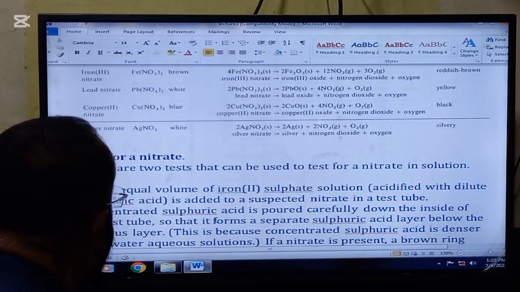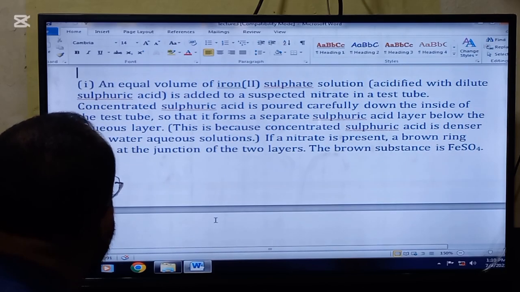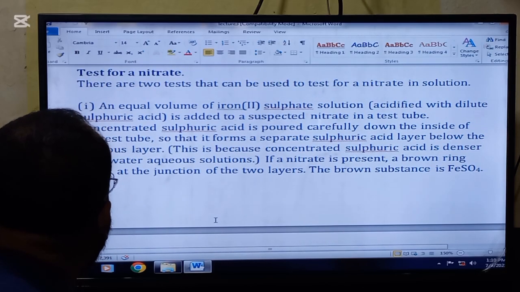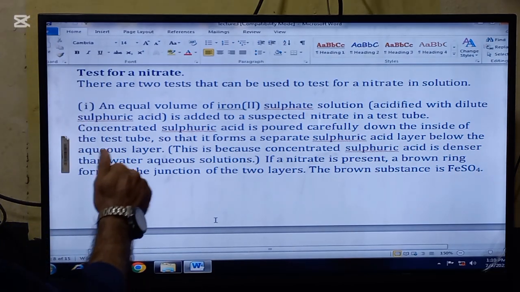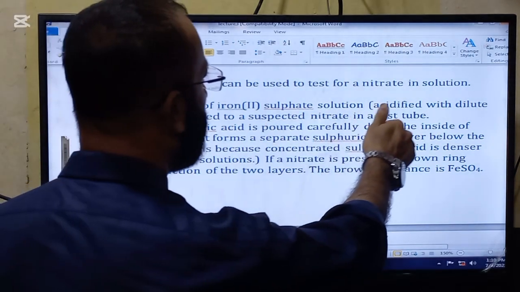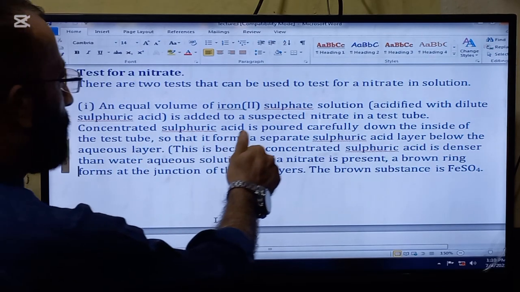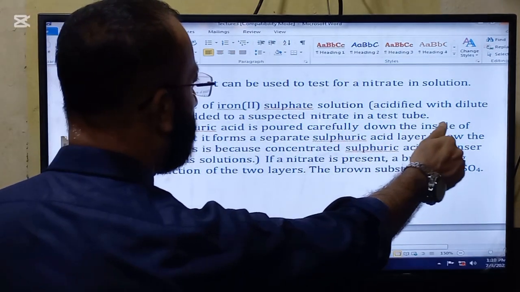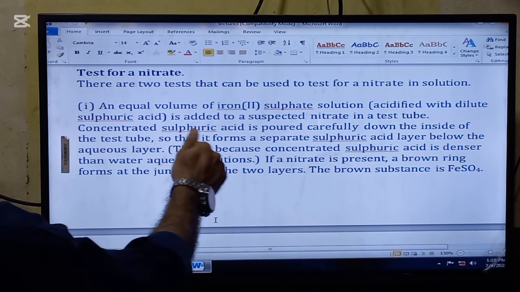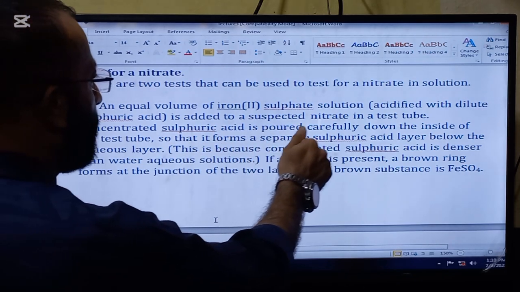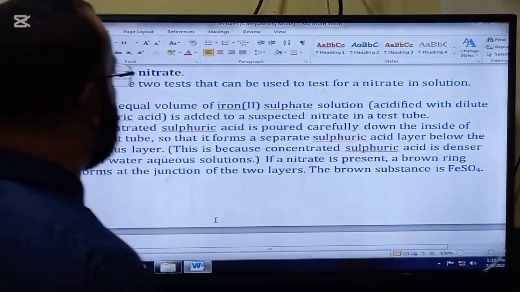Next, we are going to read the test for nitrate. There are 2 tests that can be used to test for a nitrate in solution. An equal volume of the iron sulfate solution acidified with dilute sulfuric acid is added to a suspected nitrate in a test tube.